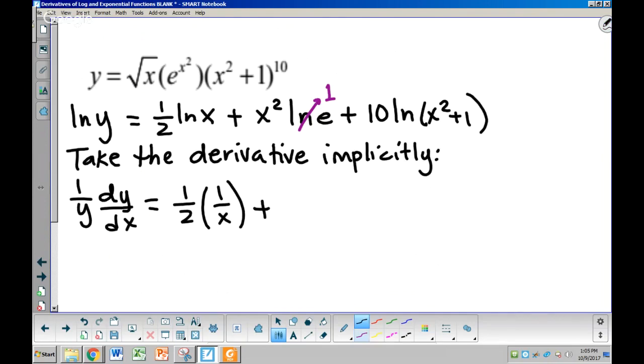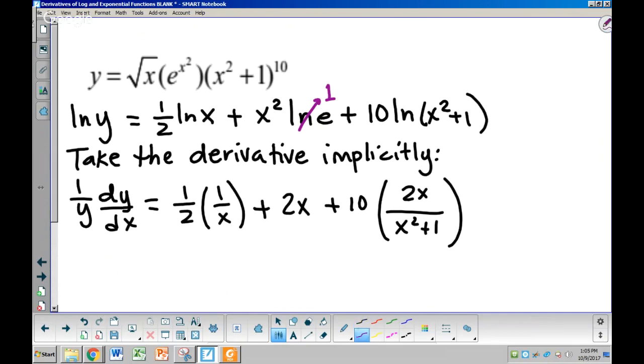And the derivative of x squared is just 2x. Plus, and it's going to be 10 times the derivative of the inside, which is 2x over x squared plus 1.